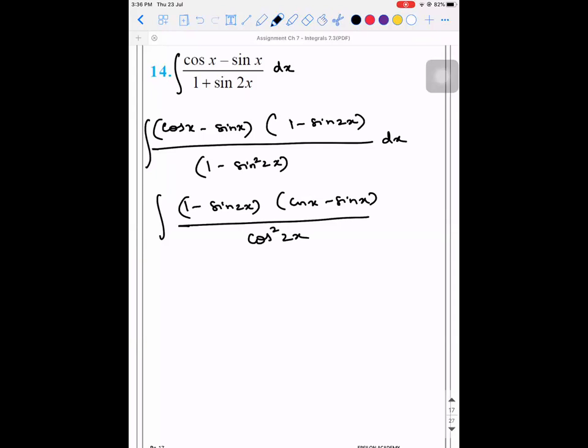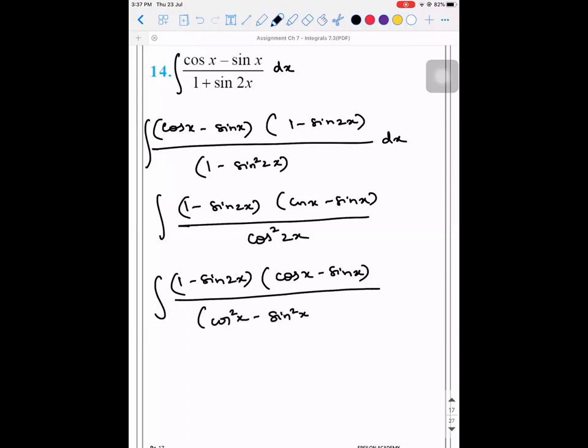But what is cos square 2x? Cos 2x is nothing but cos square x minus sin square x. So cos square 2x, how can you write it? It is cos 2x the whole square.